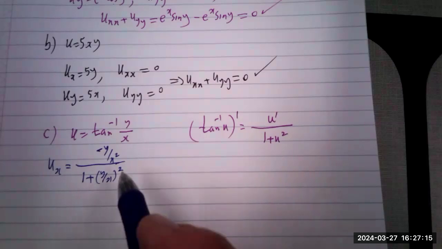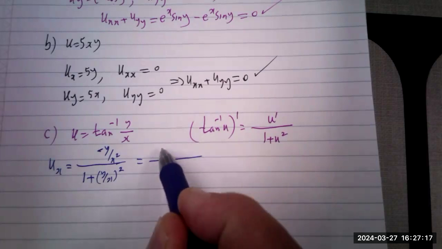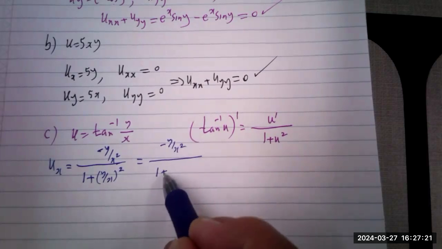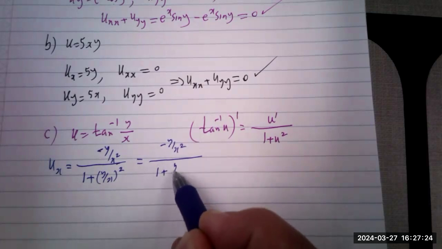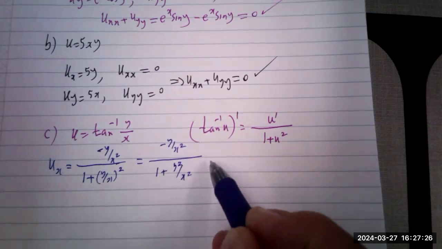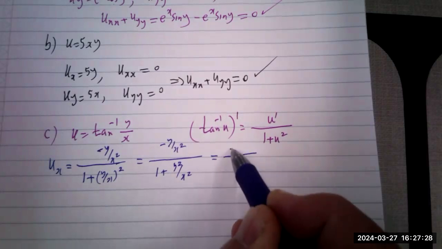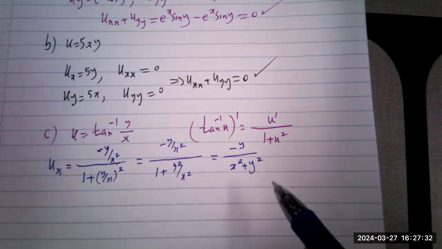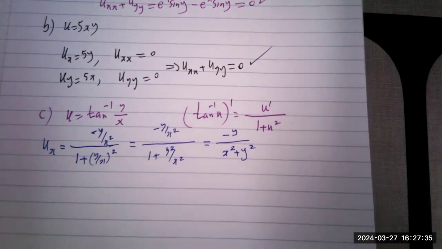You have to simplify it. It's going to be negative y over x squared, and this is going to be 1 plus y squared over x squared. You multiply the top and the bottom by x squared, the top would be negative y, the bottom would be x squared plus y squared. That's the way you simplify it. Any question? I multiply the top and the bottom by x squared to remove those denominators. So that's ux. You have to do it again.